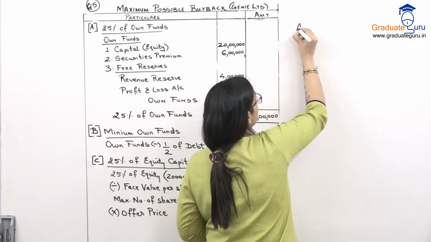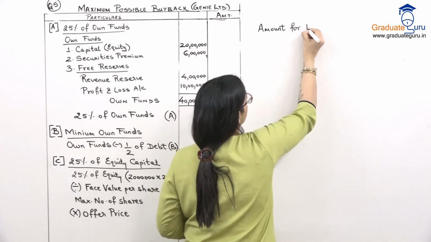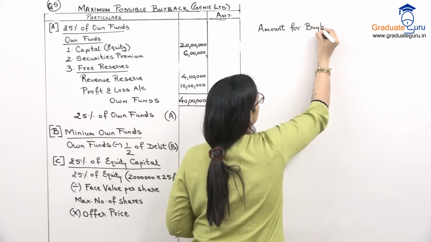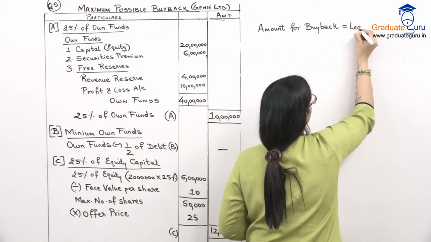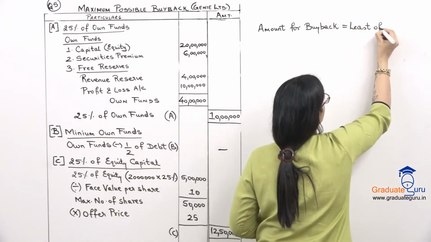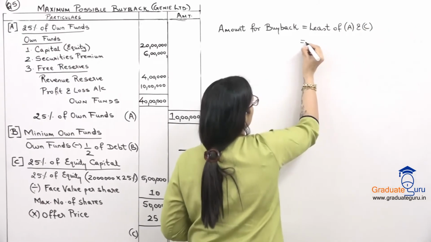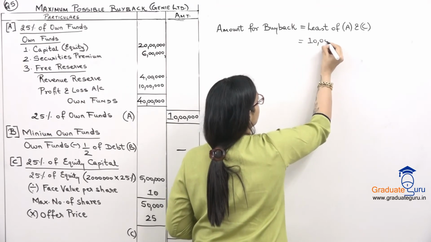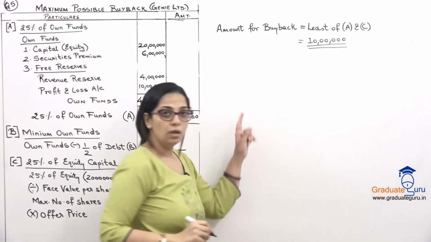So that becomes my amount for buyback. So amount for buyback will be least. In this case, it will be least of A and C, which is 10 lakhs. Okay?